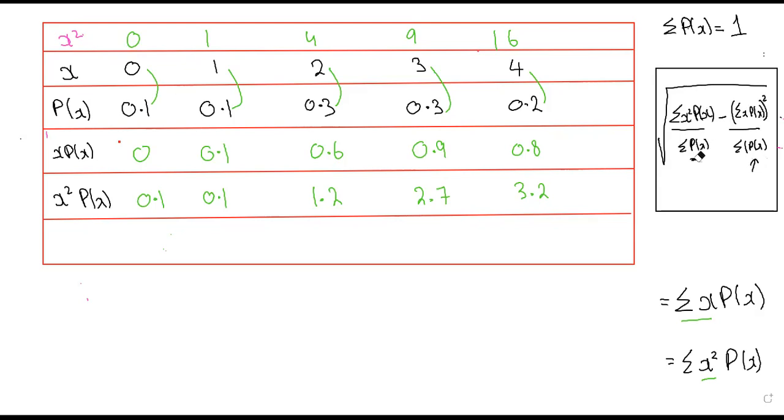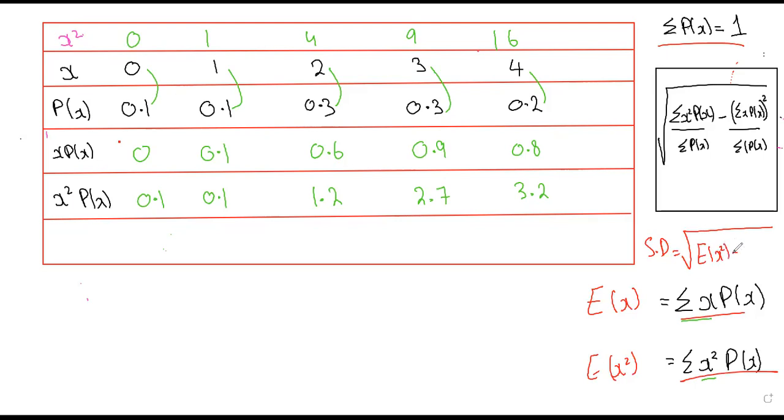But this time around, summation p(x) is not needed because that is always 1. Since this is the expected value of x and this is the expected value of x squared, the formula which I was writing was under the root, expected value of x squared minus the square of expected value of x.